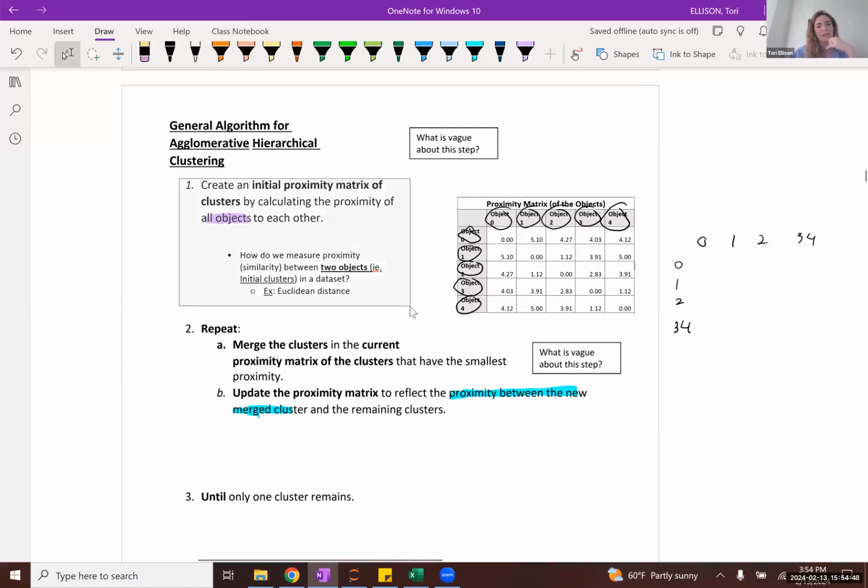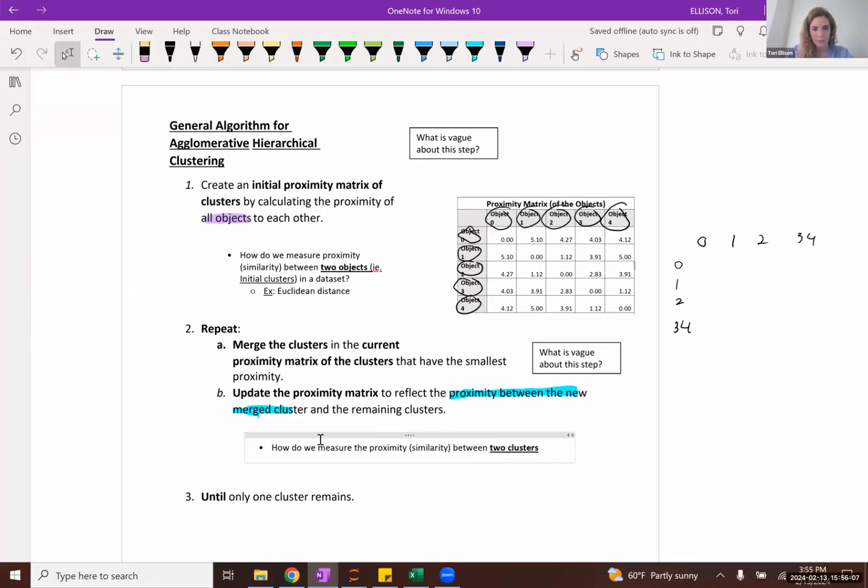In the previous step, we were asking how we want to measure the distance between two objects. In this step, we'd be asking a slightly different question: how do we measure the proximity, i.e. similarity, between two clusters in this data set?